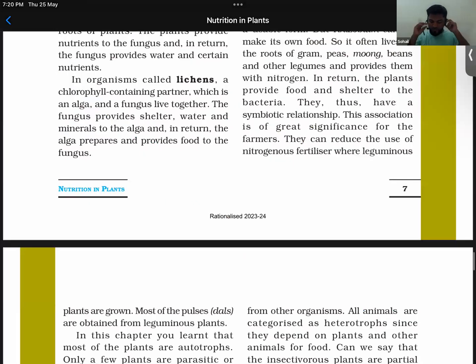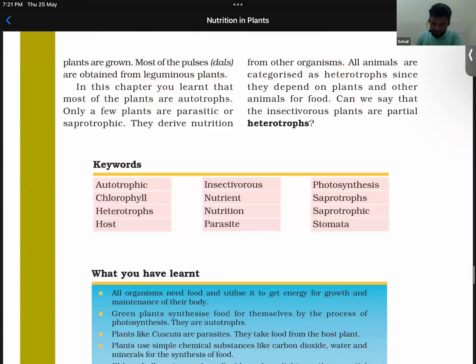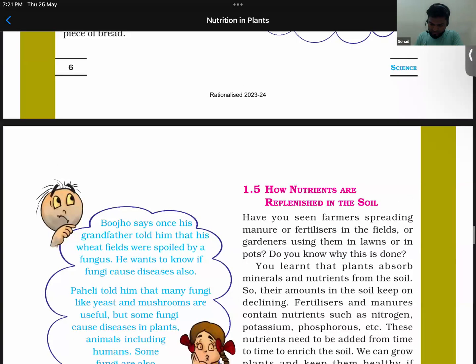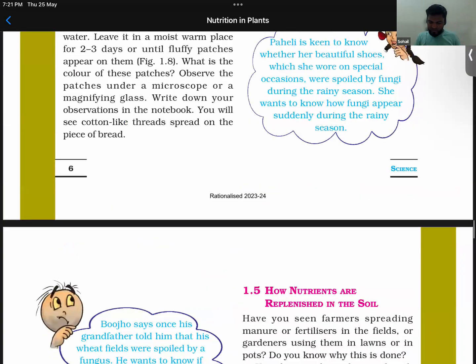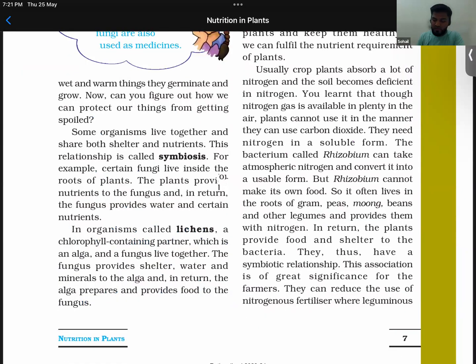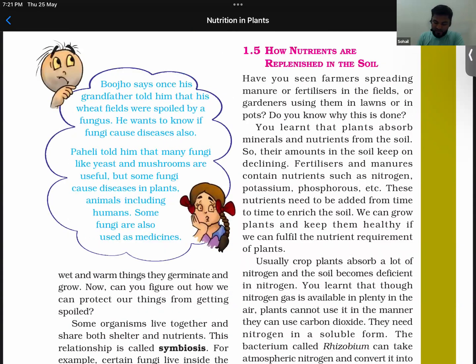Okay. So the chapter ends here. We have almost covered all the things. I guess two topics are remaining here. Actually, we forgot about that. That is symbiosis. See section 1.5 here, how nutrients are replenished in the soil. We have discussed that.